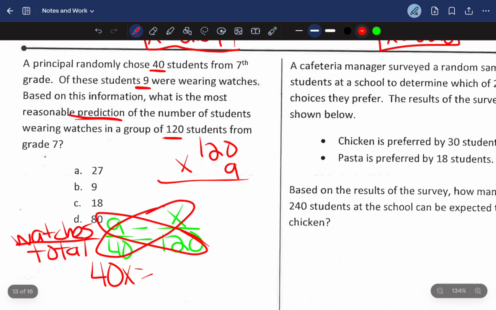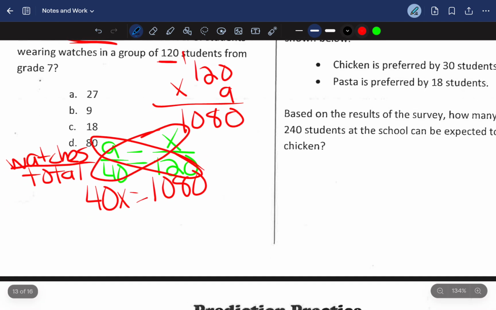Okay, so we have 0, and then 9 times 2 is 18, so I have 8, carry the 1. 9 times 1 is 9, plus 1 is 10. So I get 40x equals 1080. Okay, now I'm going to divide both sides by 40.